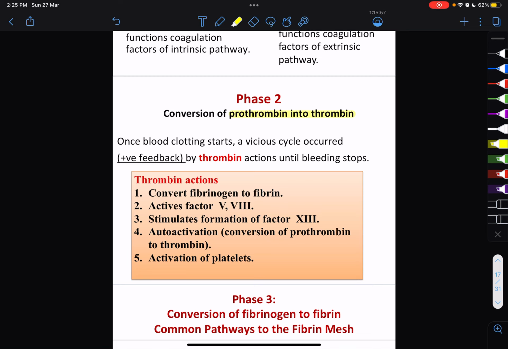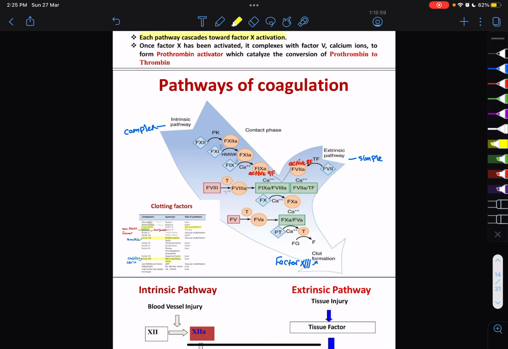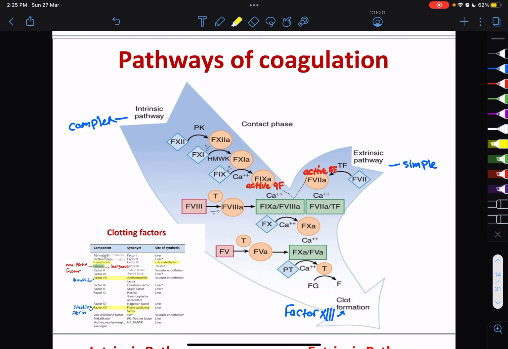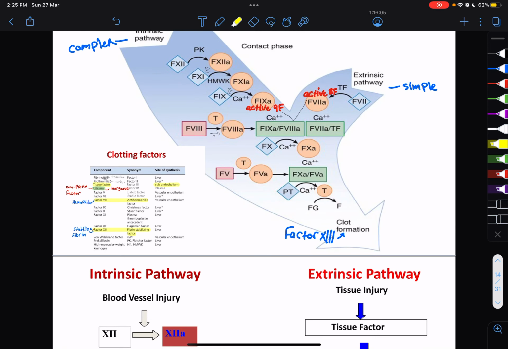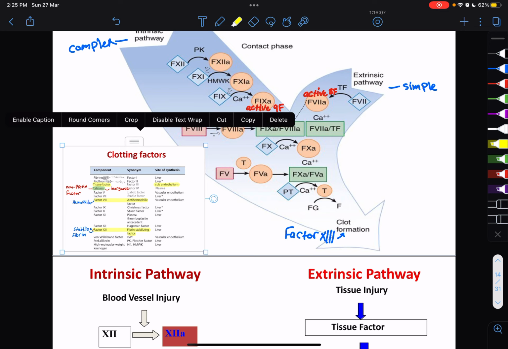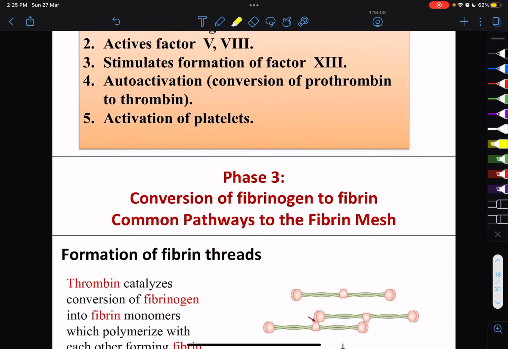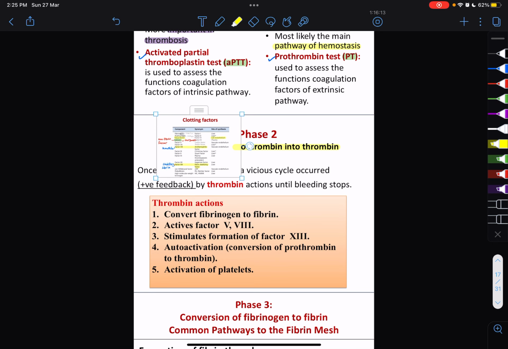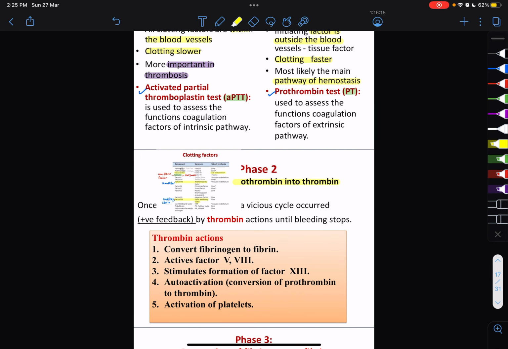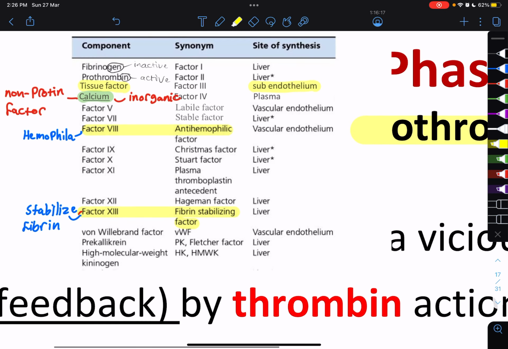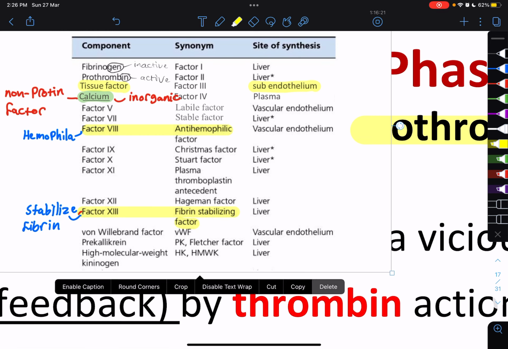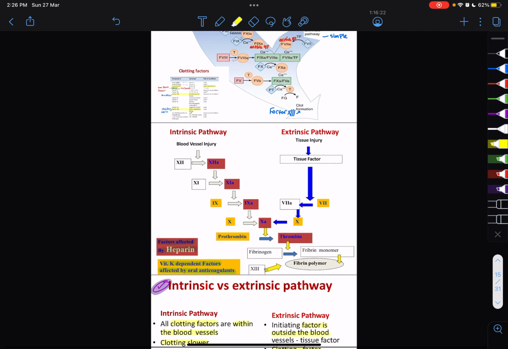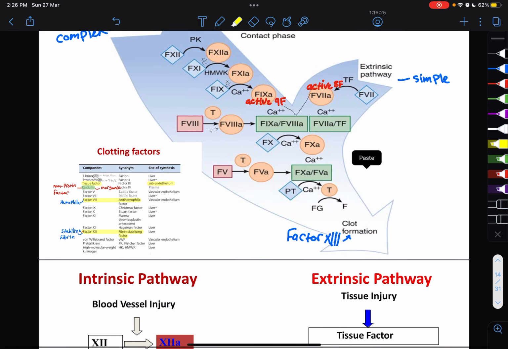Can you go back to the diagram? The pathway picture. Yes, this one. Look at that picture. Do you see T? Yes. T, thrombin, main function. Thrombin is formed here, and here. So thrombin is also activating some thrombin.